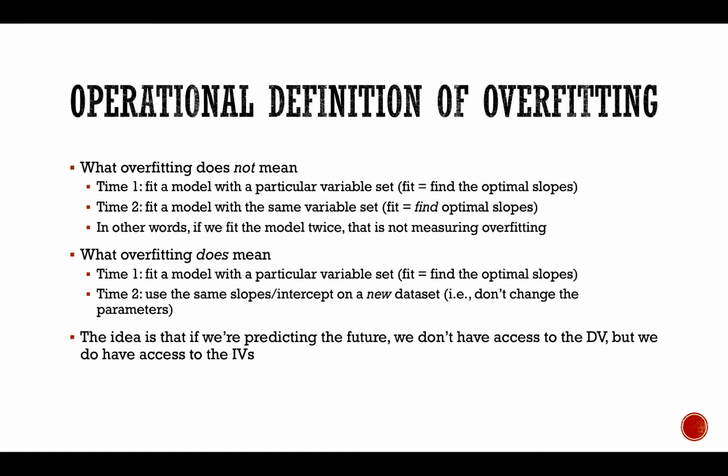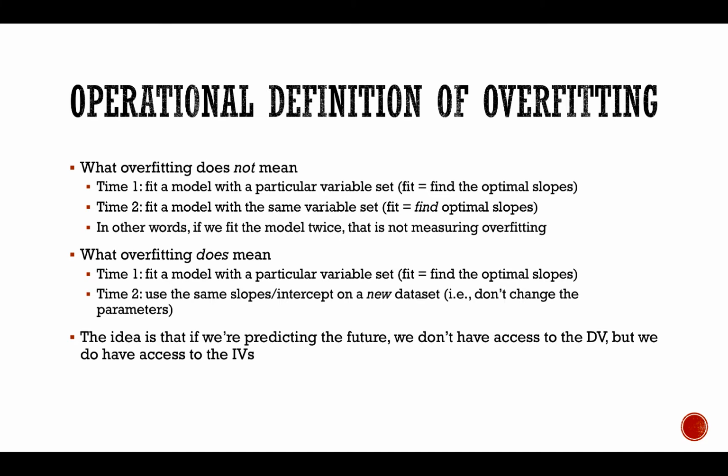Then at time two, we fit a model with the exact same variable set. That word fit is important: if at time two we are finding a new set of optimal slopes, that is not what overfitting is. That's just using the same variables and allowing the algorithm to fine-tune the parameters across different conditions. So if we fit a model twice, that's not measuring overfitting.